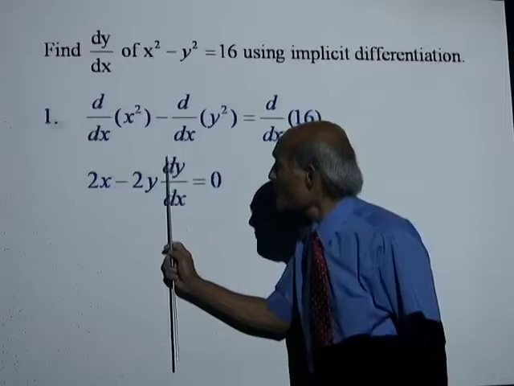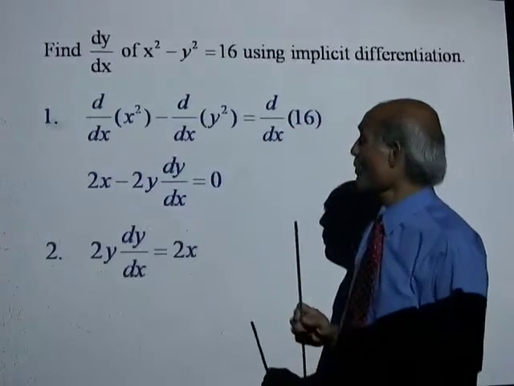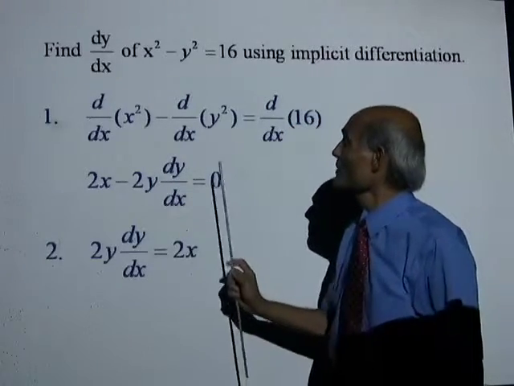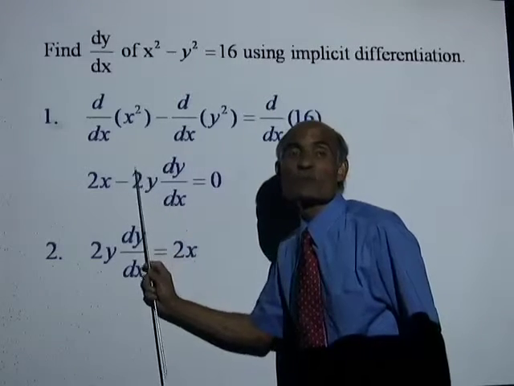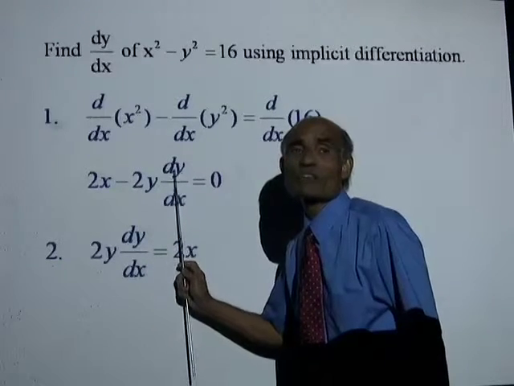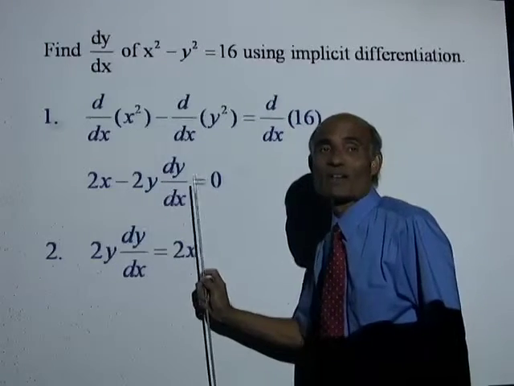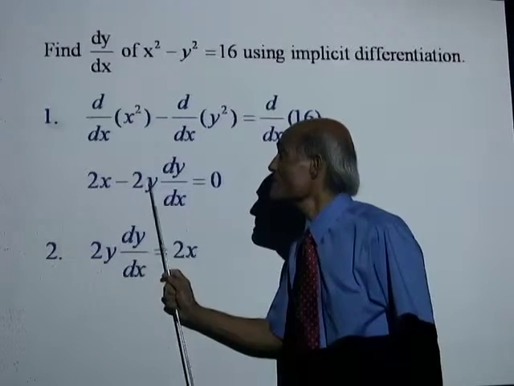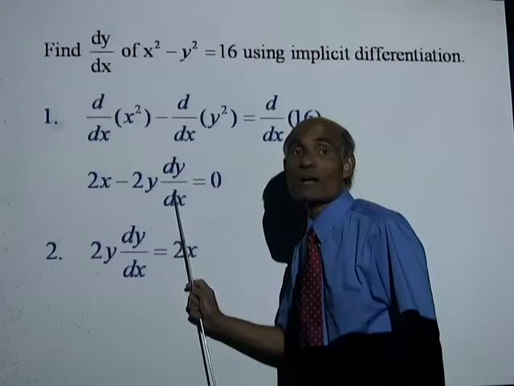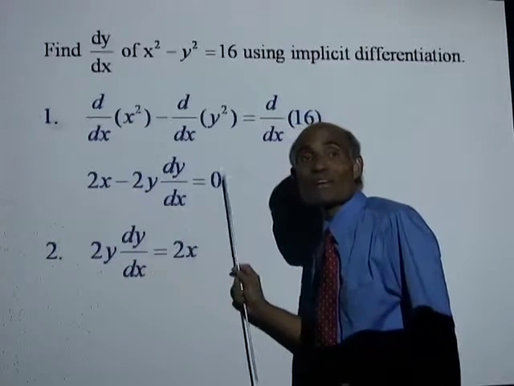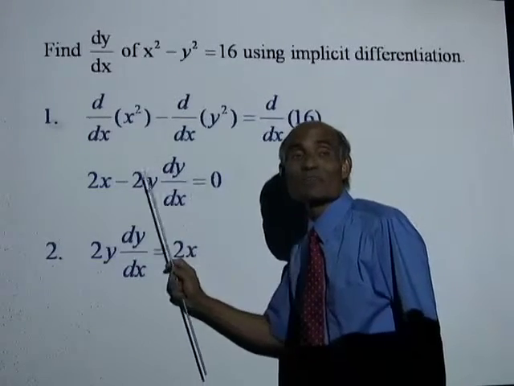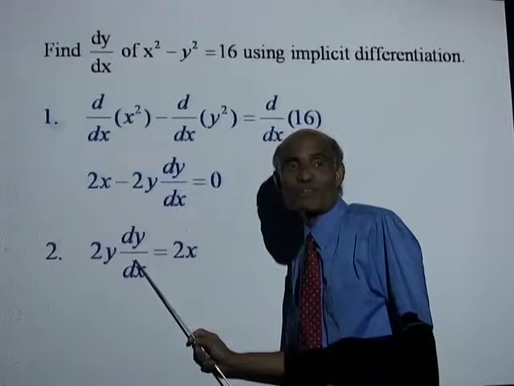Okay, so we now need to solve for dy by dx. We leave the term containing dy by dx on the left side and take the other to the other side. And you notice it will be negative 2y dy by dx equal to negative 2x. And the negatives will cancel, and this is what you get.